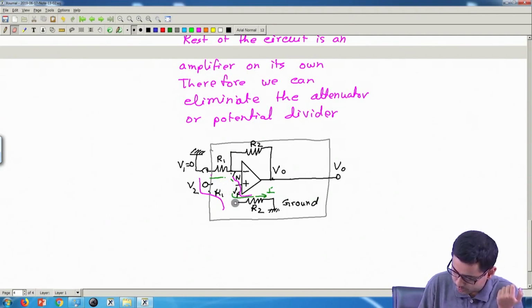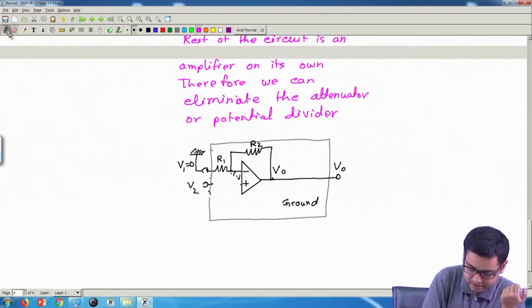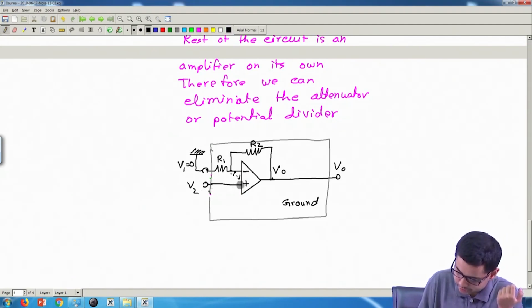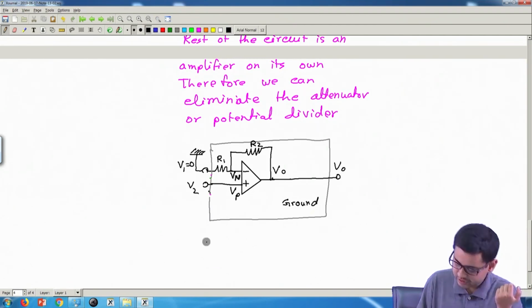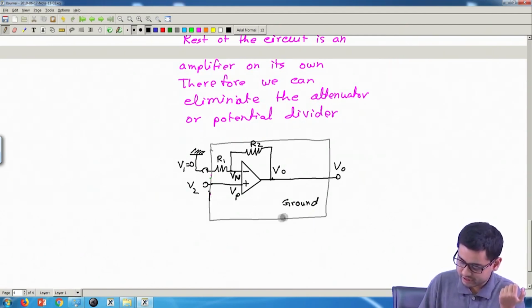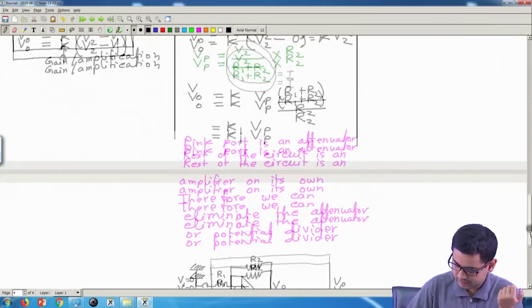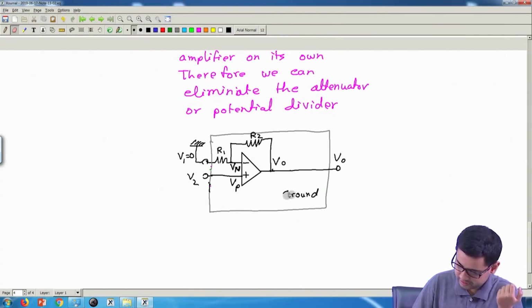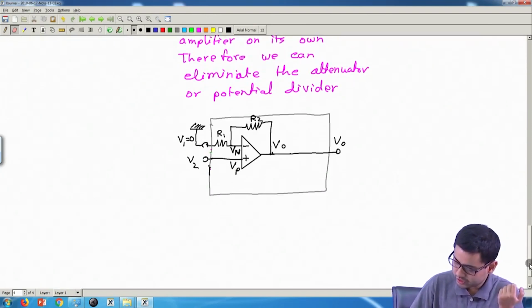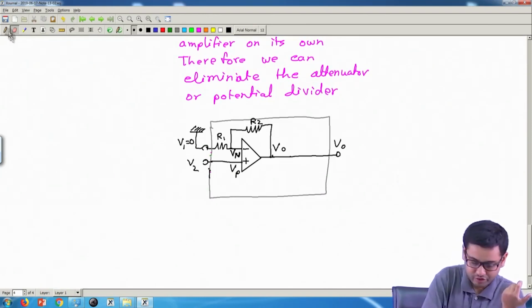Let's remove this potential divider completely and connect the input directly to Vp. This will also act as an amplifier.